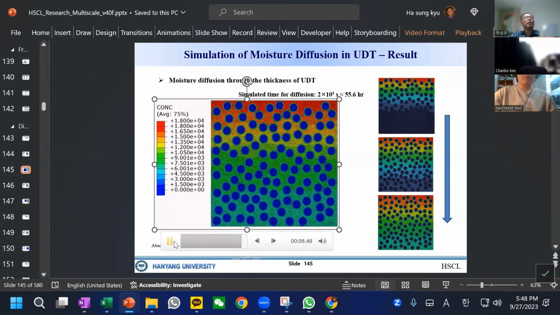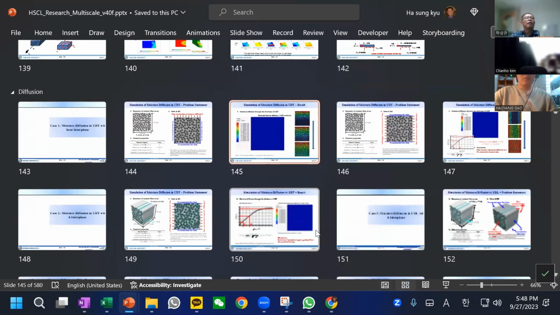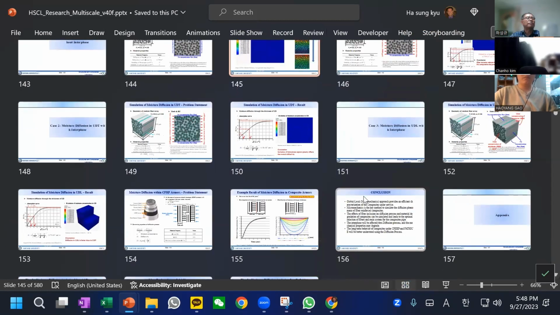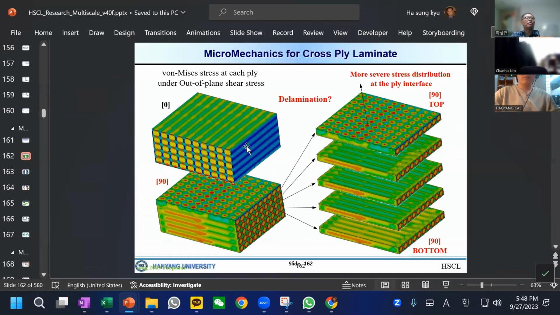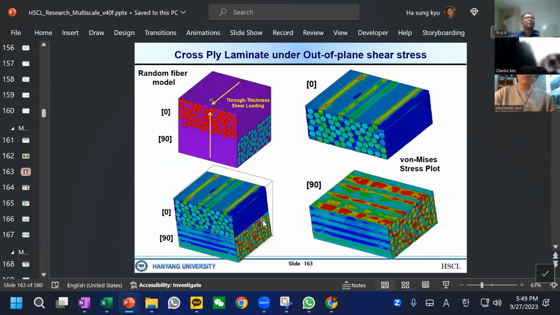So if you have a microscopic model or random modeling and understanding, you can do a lot. You can eliminate a lot of tests. And also, you can see the multiple laminate, microscopic, multi-scale approach, each fiber arrangement with different angles.